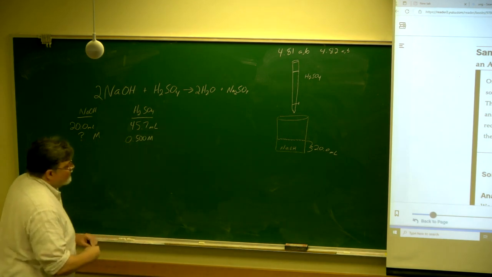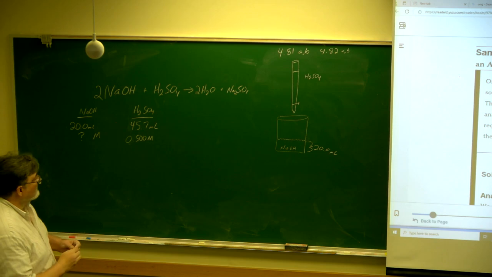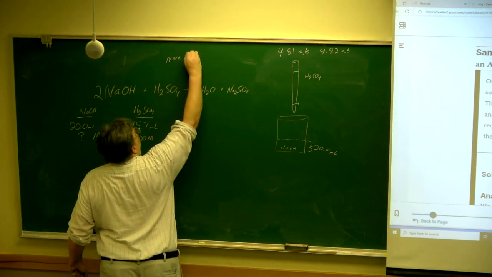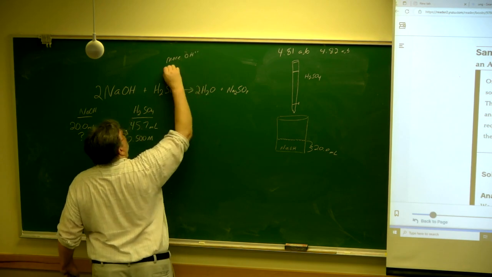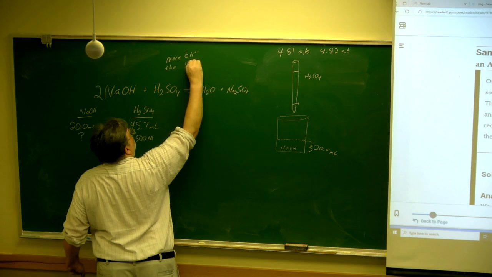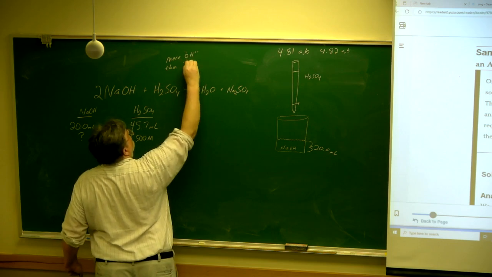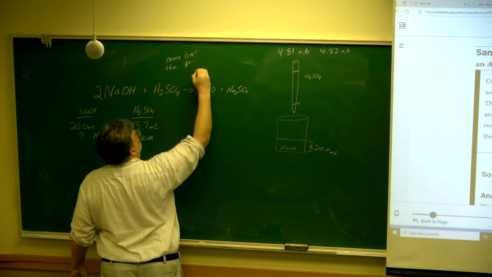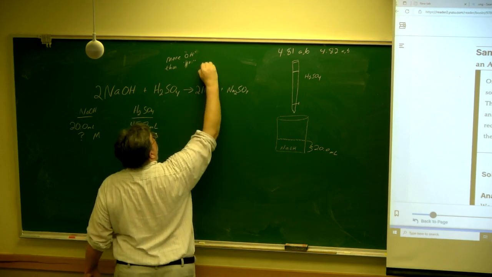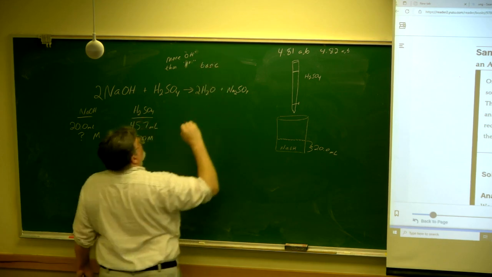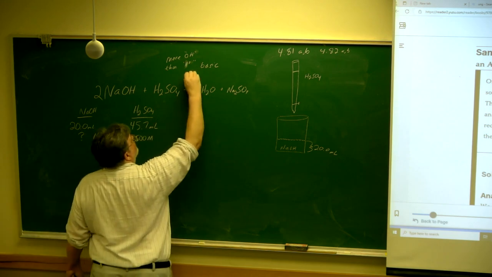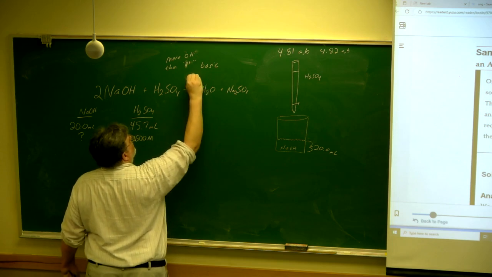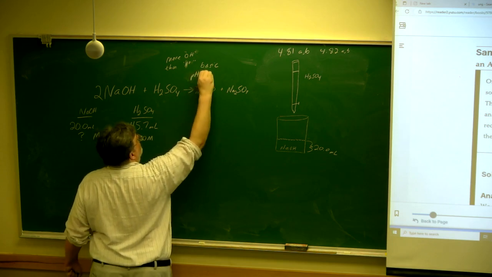I haven't said much about pH, but if you have more base than acid, more OH negative than H plus, it's basic, and its pH will be greater than 7.